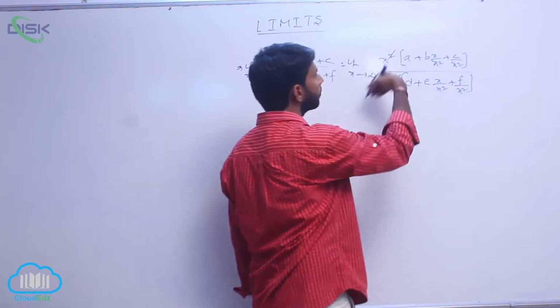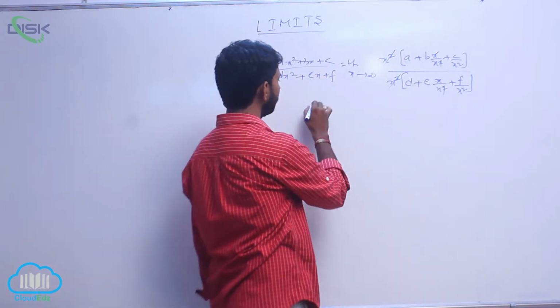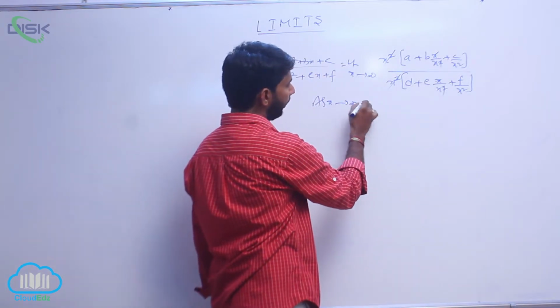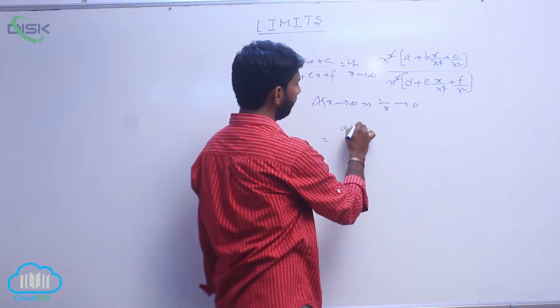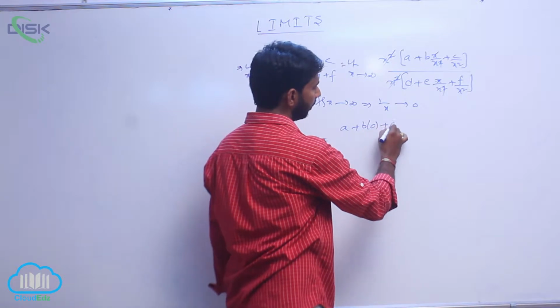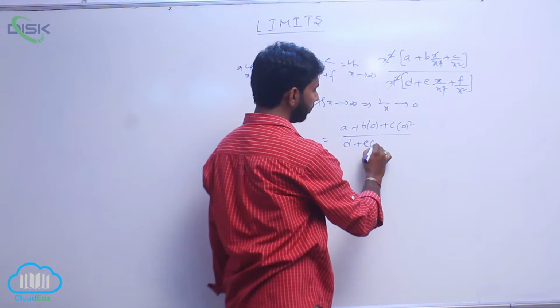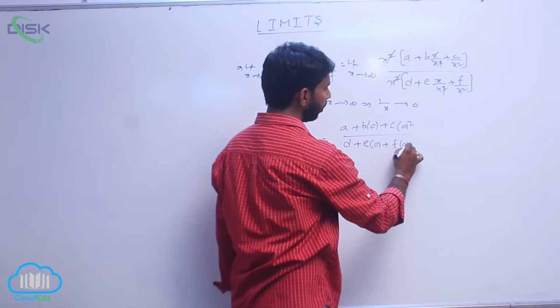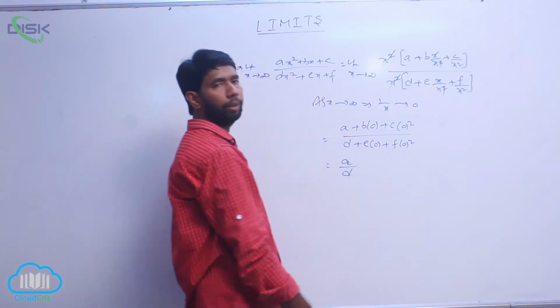Here x square cancels, and the x terms cancel. As x tends to infinity, 1 by x tends to 0. That is equal to a plus b of 0 plus c of 0 square by d plus e of 0 plus f of 0 whole square, that is equal to a by d.